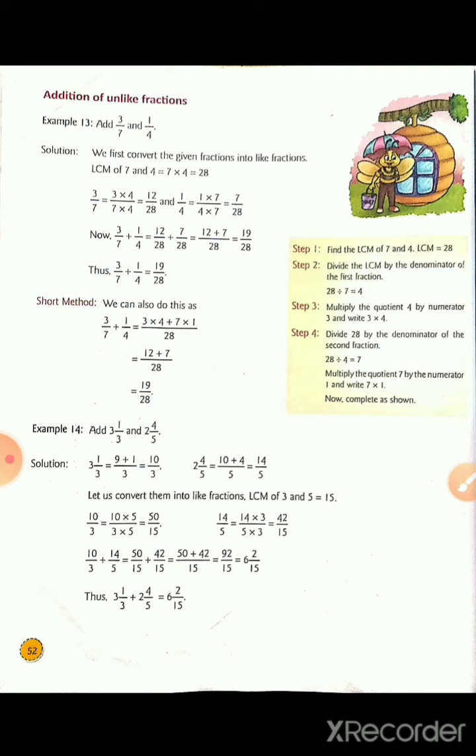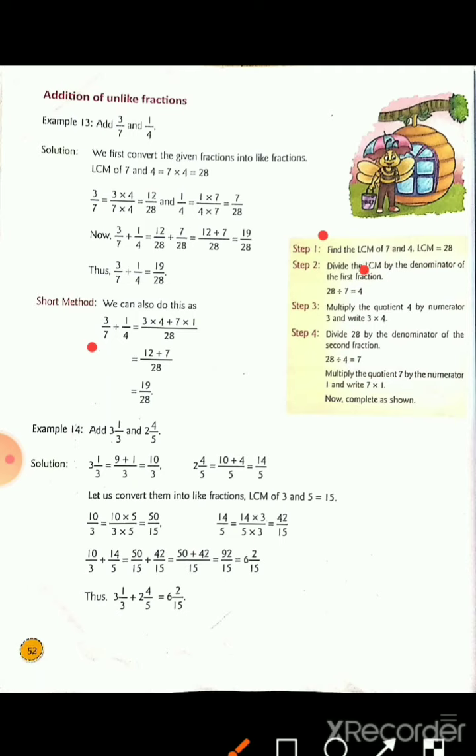A short method is also given here. For the short method, find the LCM, then divide the LCM by the denominator of the first fraction. In the first fraction the denominator is 7, so if we divide 28 by 7, we get 4.